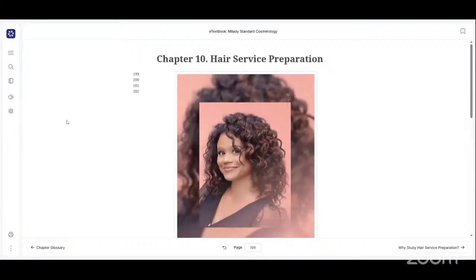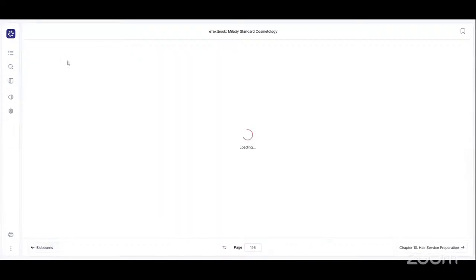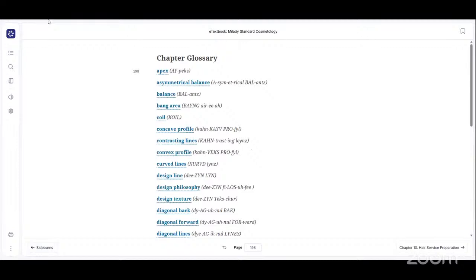Okay, so we will start with chapter 10 on Thursday. So just going over those terms, you need to do that. Let's break it down. Let's see what else we have in our arsenal, guys. Hold on one moment.